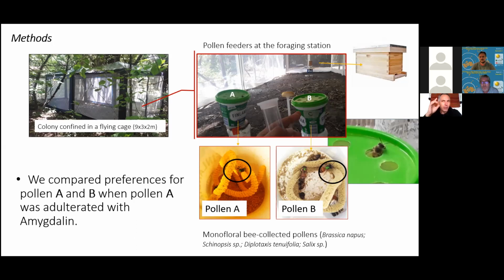For example, our reasoning is the following. If we observe that nurse bees have preferences to consume one pollen and reject another, this lower quality, or let's say the adulterated pollen, would be less consumed by nurse bees, then it would start being accumulated inside the hive because nurses don't want to consume it.